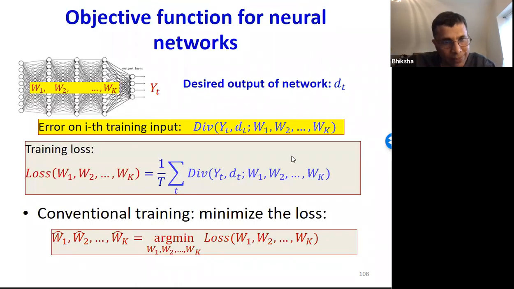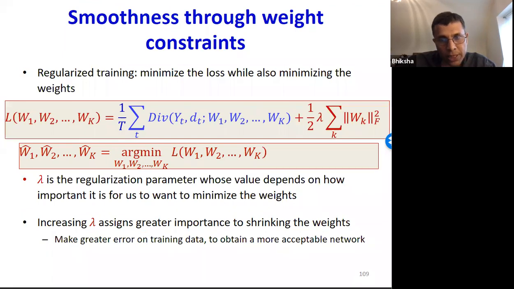Here's your standard loss function. If you simply minimize this loss function, this is unconstrained. Instead, what we will do is to add the second term over here to the loss function, which is the squared norm of your weights for every single neuron.